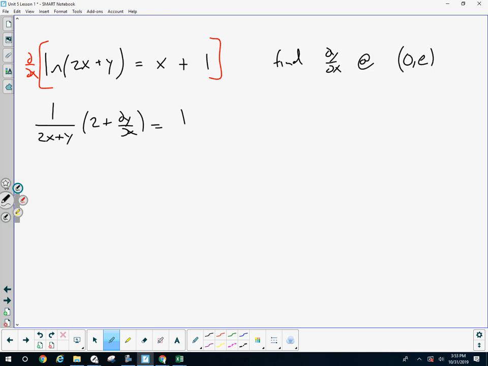Using the chain rule, outside and inside, making sure you are multiplying the derivative of the inside with parentheses, we have this.